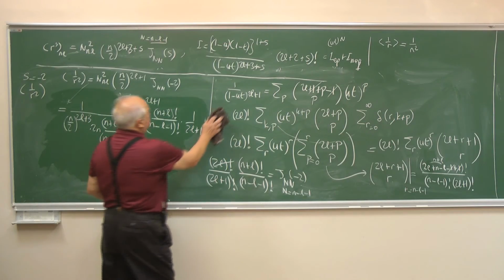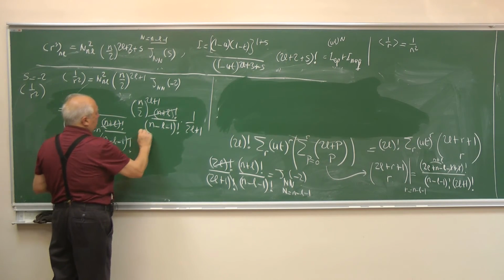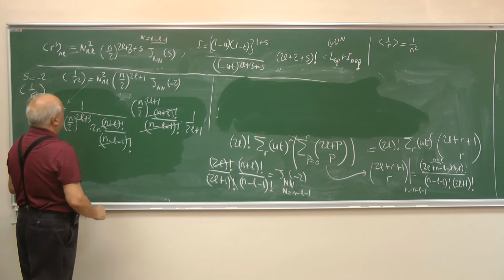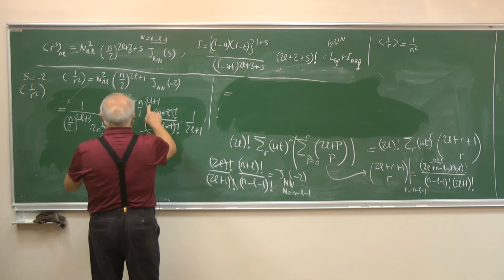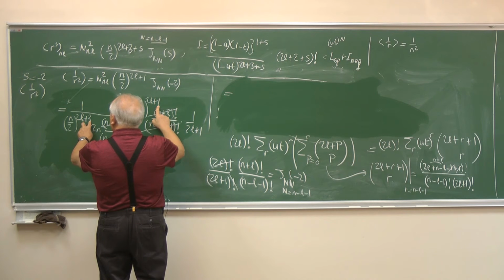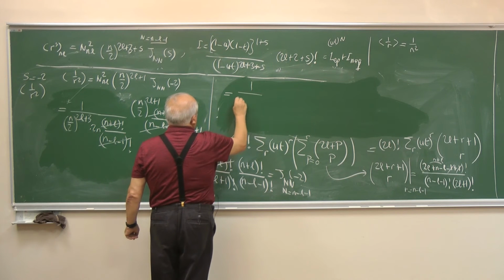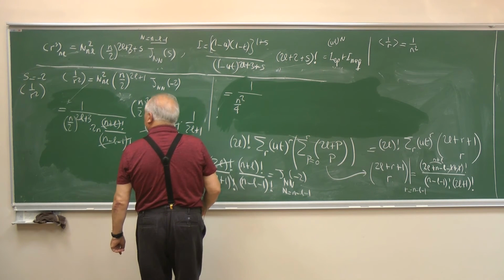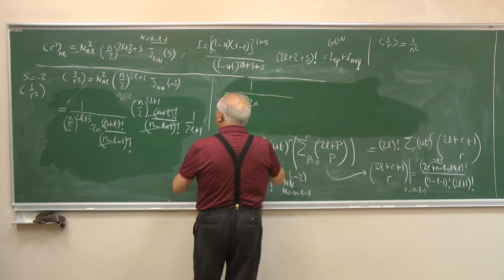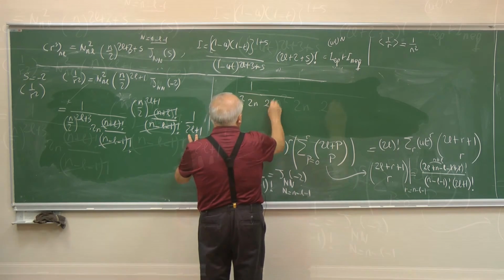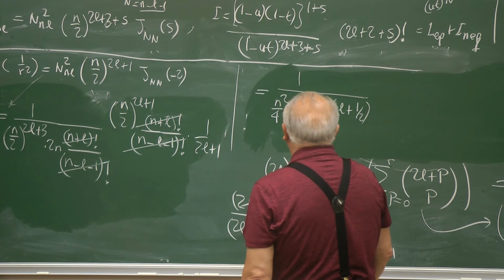I'm erasing this part. (n+l)! cancels this. (n-l-1)! cancels that. So the result is equal to 1/2 plus 1, 1/2 plus... only the square will remain, 1 over n squared over 4, then 2n, then 1/2 plus 1, but let me write it like this to cancel the l plus a half.